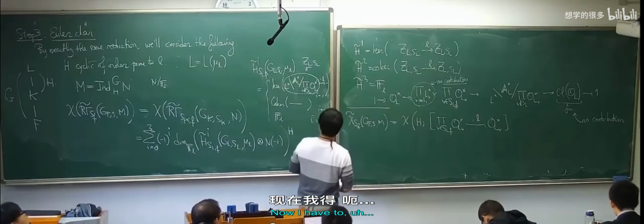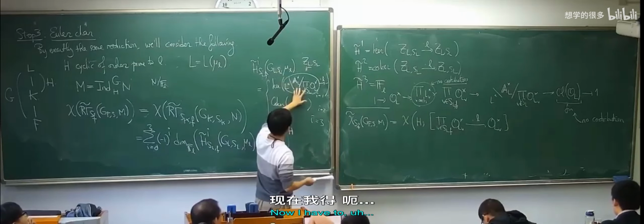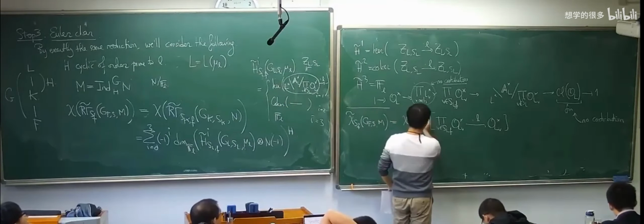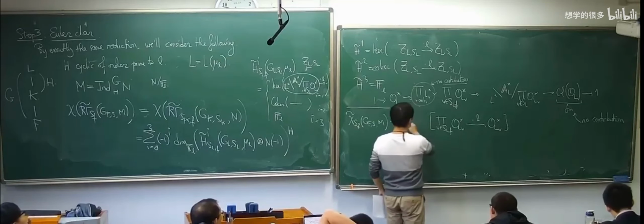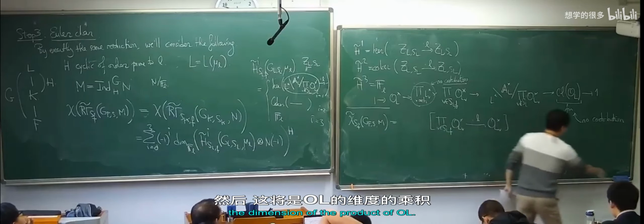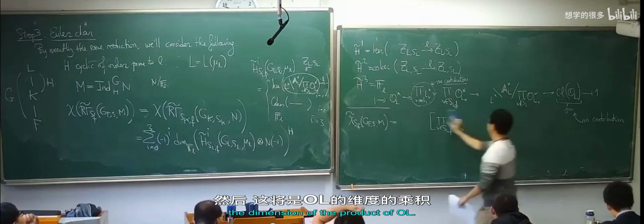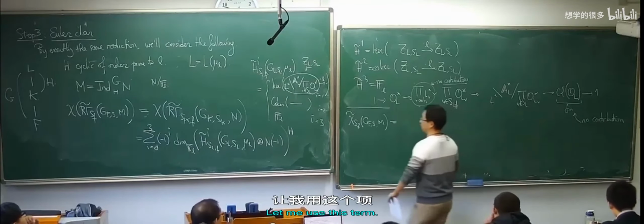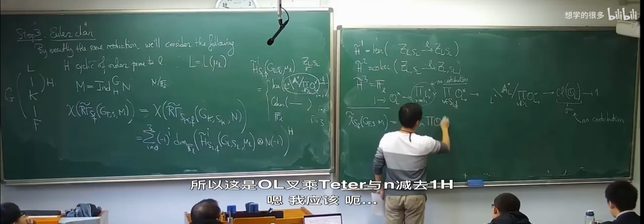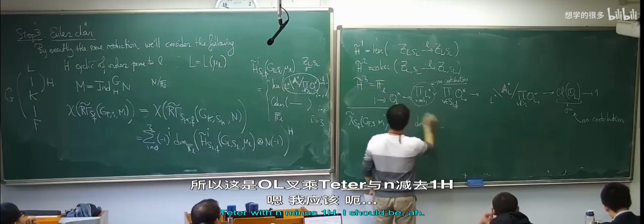Now basically I want to let me write the first term out, and so this is going to be the dimension of the product of O_{L,v}. Let me use this term here. So this is O_L cross tensor with n minus 1, H.